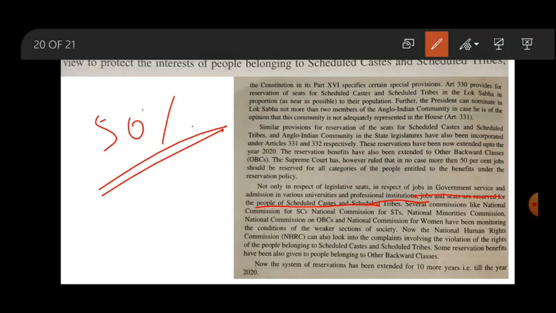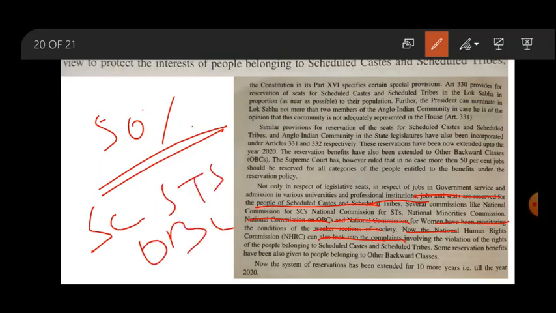Several commissions, like the National Commission for SCs, STs, minorities, OBCs and the Commission for Women, have been monitoring the conditions of the weaker sections of society. These sections of people, SCs, STs, OBCs and women, are the weaker sections of society, either educationally backward or socially backward.